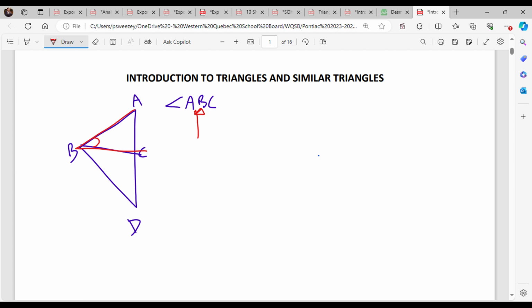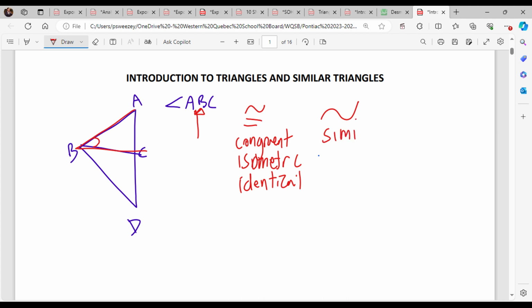When it comes to triangles and shapes and all that kind of stuff, the other phrase we were just talking about is congruency. So congruent sometimes is mentioned as isometric, and if you want something to help understand it, we will use the term identical. And next to that is basically similar, okay?